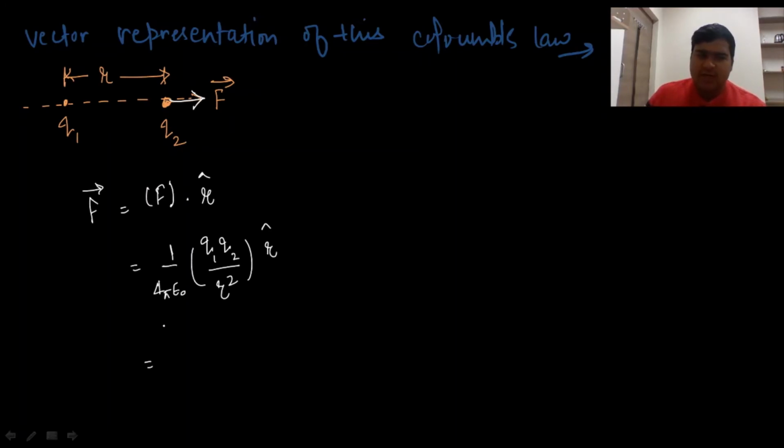In a more simplified way, it will be 1 upon 4 pi epsilon naught q1 q2 upon r cube multiplied with r vector, because r cap is r vector divided by the magnitude of that vector.